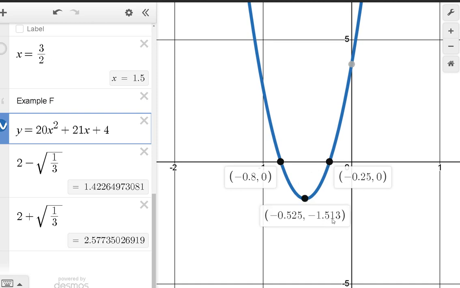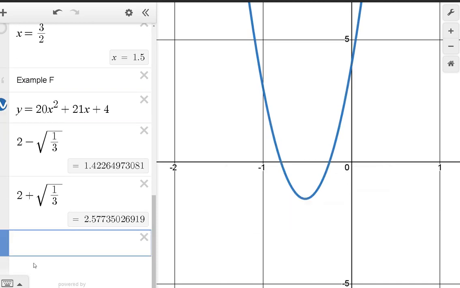Here's your vertex. Now, it's not showing you the exact vertex because it only rounds to 3 decimal places. But if you're only checking it, you can check that that vertex turns out to be, let's see, 1.5125. You can write that as a fraction as 121 over 80.